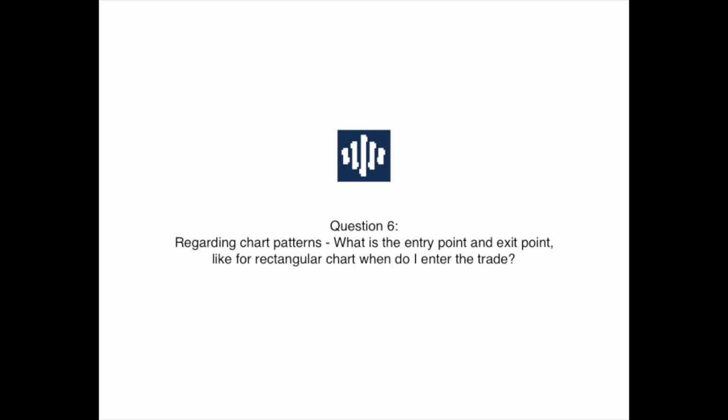Question 6, regarding chart patterns, what is the entry point and exit point like for a rectangular chart? When do I enter the trade? So what I'm featuring on the charts is the 3% breakout level.